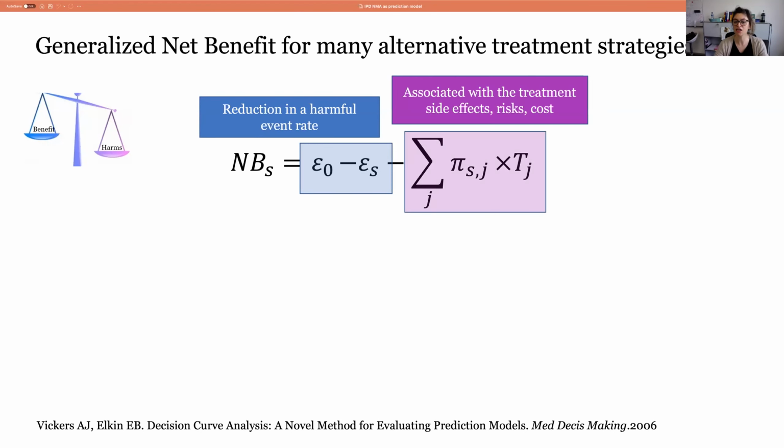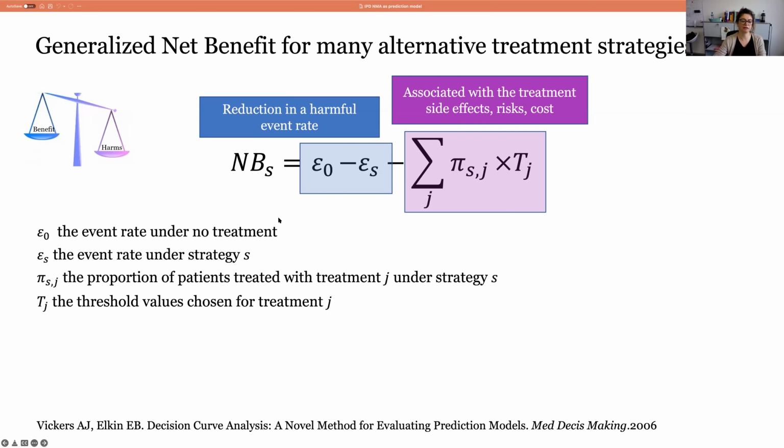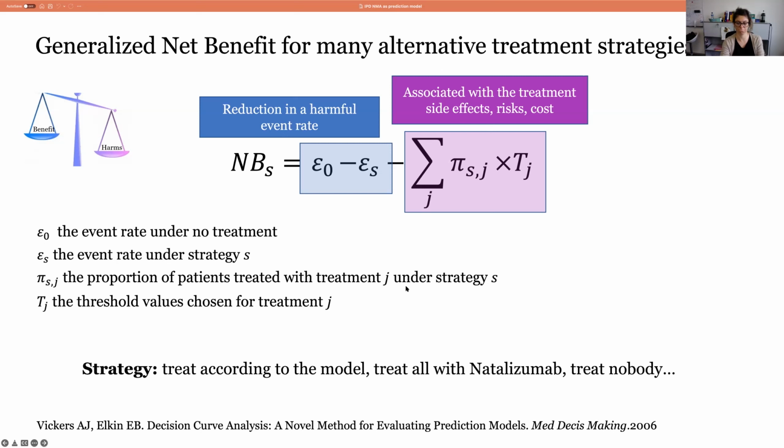And from that, we subtract the total number of patients that are under treatment J as recommended by strategy S, multiplied by the threshold. And remember, strategies could be any of these 5 options: treat everybody with one of the 3 active drugs, treat nobody, or treat according to the model.